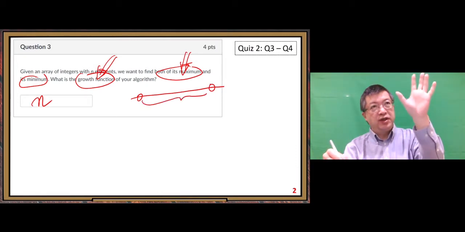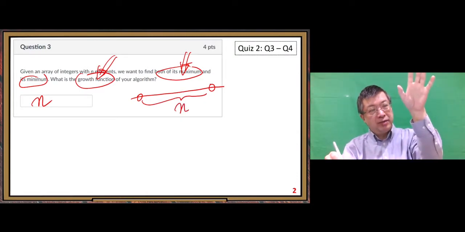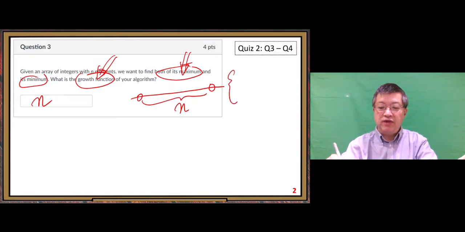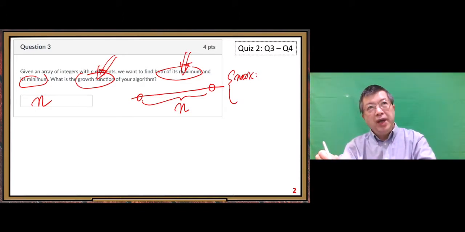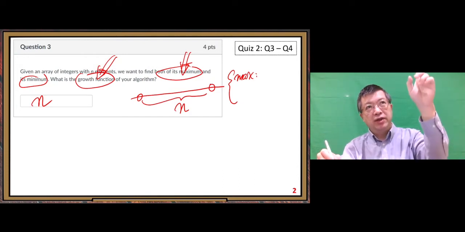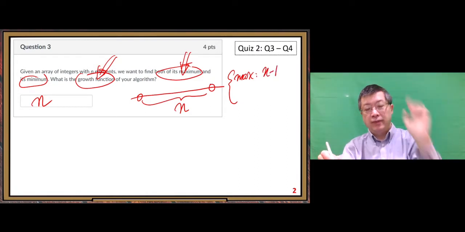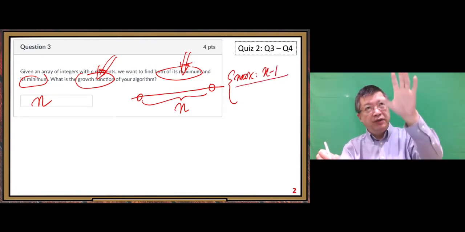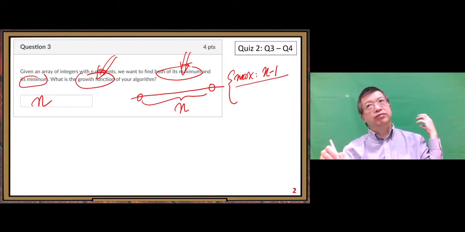All right, so this is the array with n elements. The first time you try to find the maximum. Based on our module 1 part B, find the maximum element, based on the solution there, you need n minus 1 comparisons. After that, you take away that maximum, because that maximum cannot be the minimum.